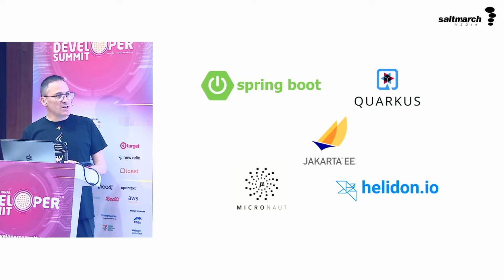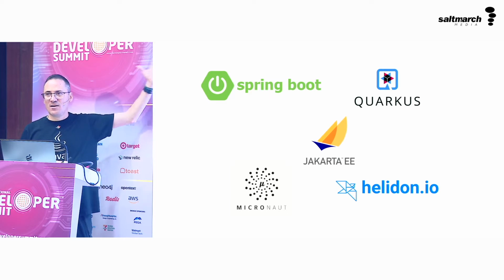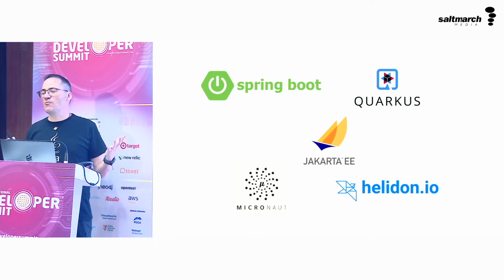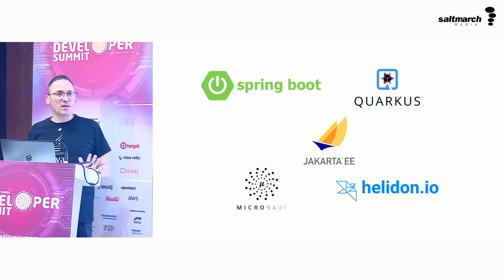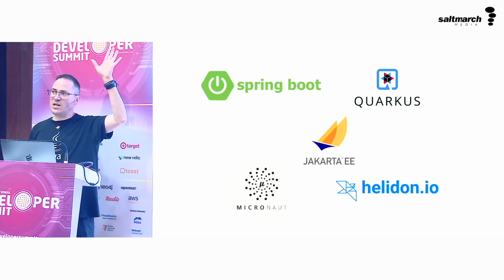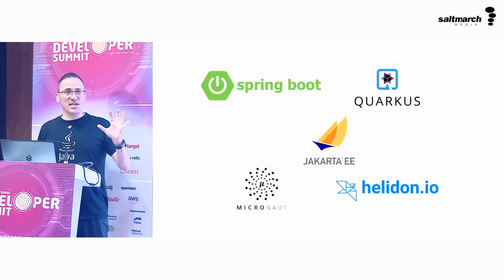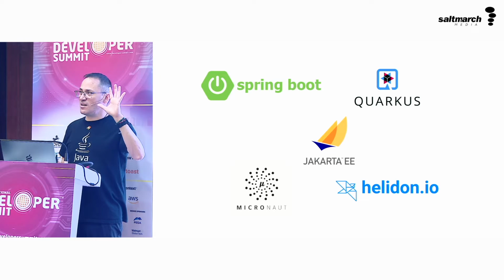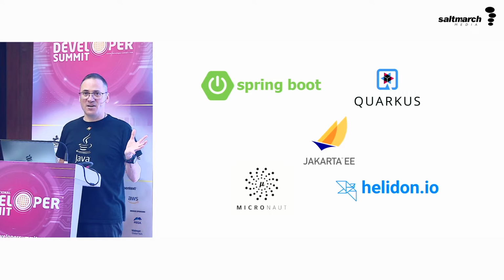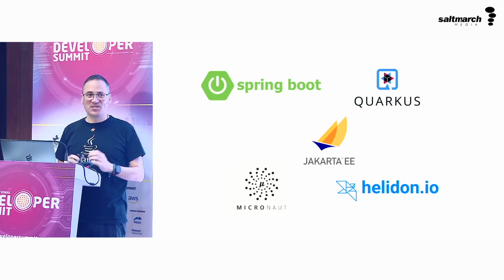So in terms of developing Java applications, it's all over the place. One of the things that we have in the Java ecosystem is a lot of choices. I will assume that most of you use Spring technologies, Spring Boot, Spring MVC, Spring Data. Who uses Quarkus? No hands. Any Jakarta Enterprise, Jakarta MicroProfile, Helidon, Micronaut, something else?